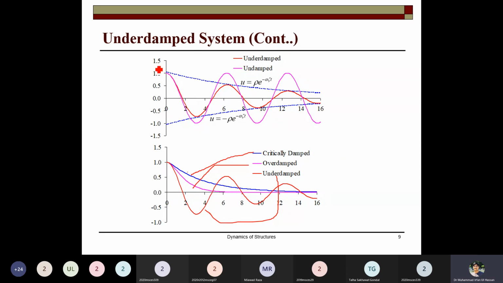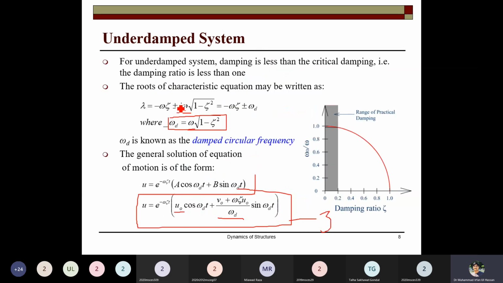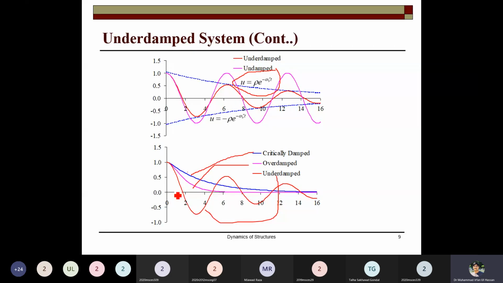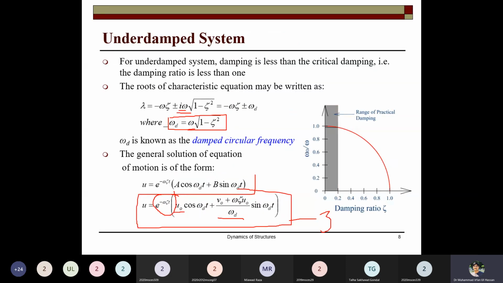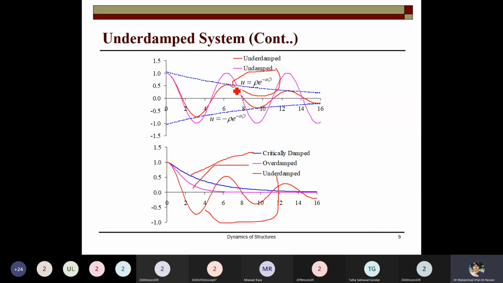So these are the functions. Normally if you plot the rho e to the power minus zeta omega t, this line is obtained, the blue lines. If we just plot e to the power minus zeta omega t multiplied with rho, but when we multiply with this other function also, then again the whole damping, this oscillatory motion, is seen.